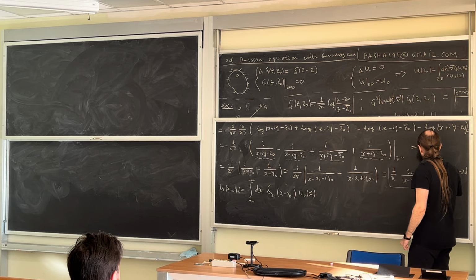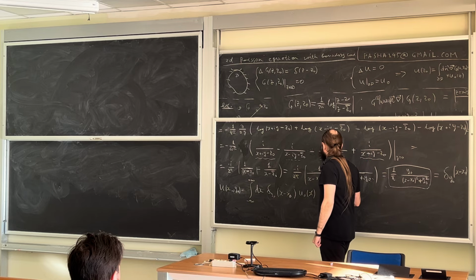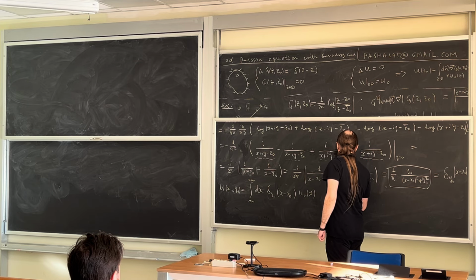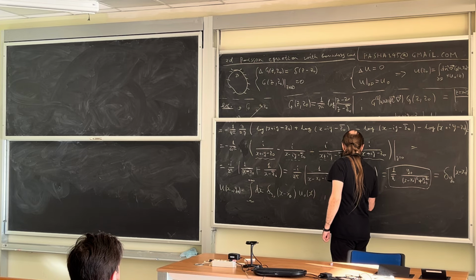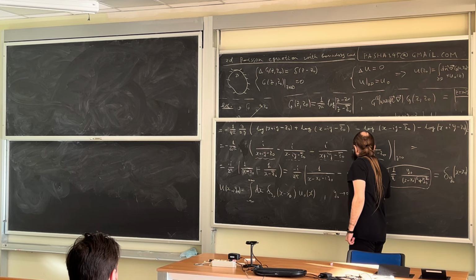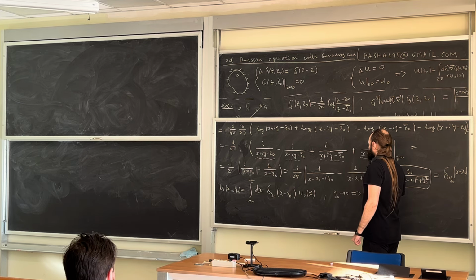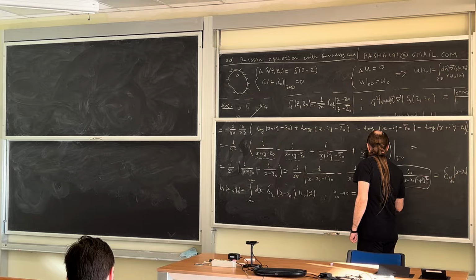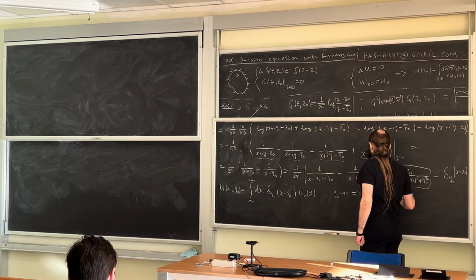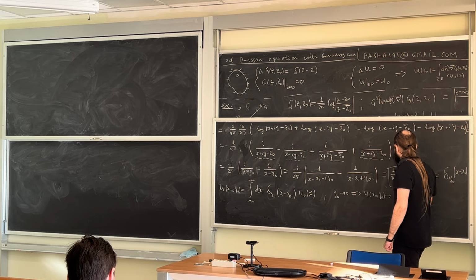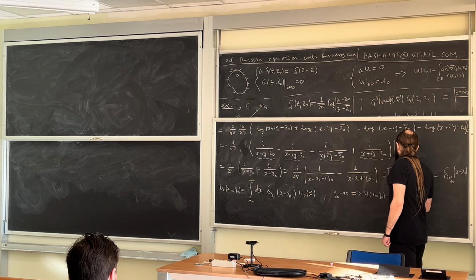So in particular, when y0 goes to 0, u of x0 y0 goes to u0 of x0.